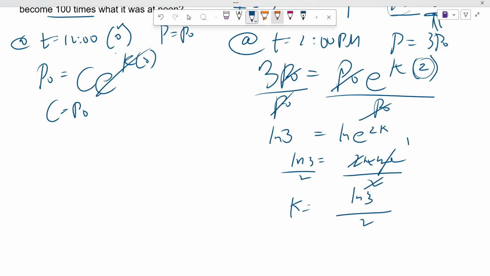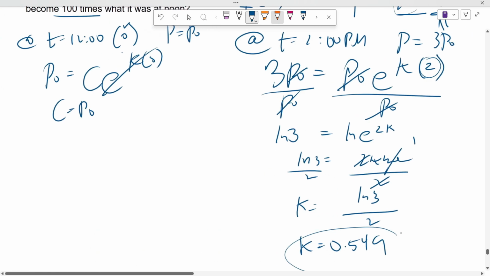Let's compute that on the calculator, guys. ln of 3 divided by 2 is 0.549. That's the value of k.